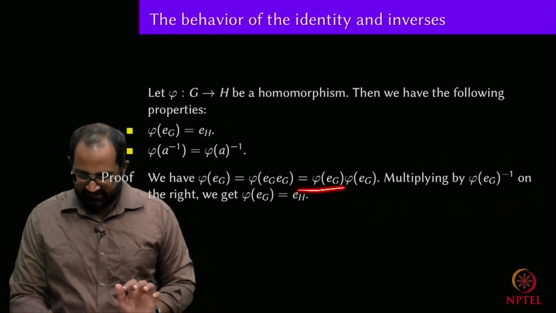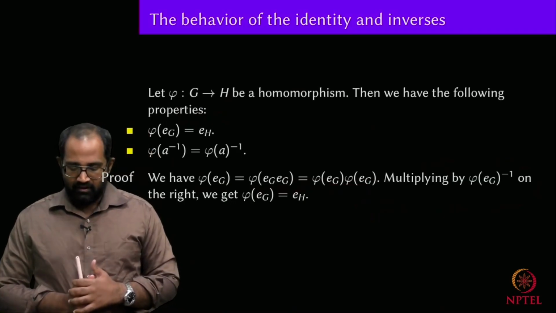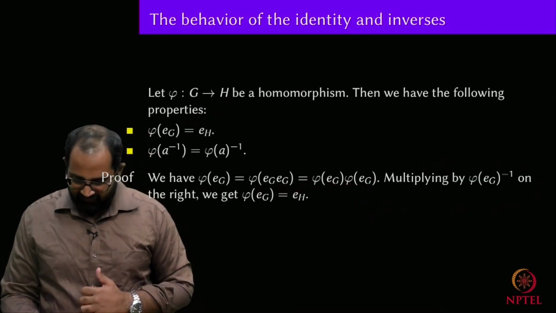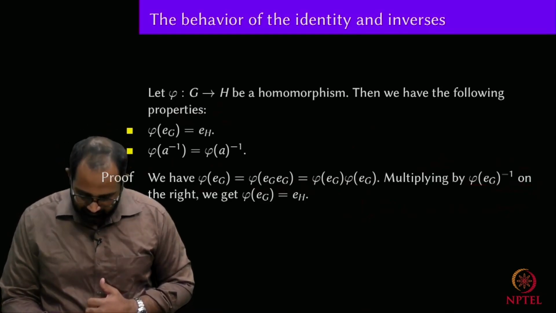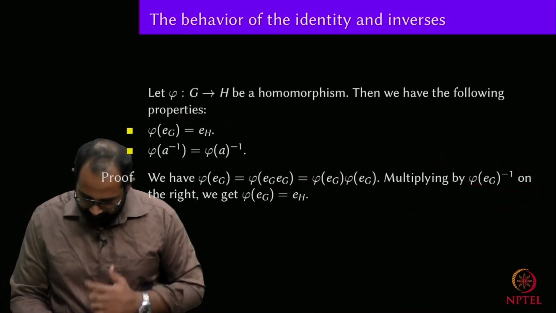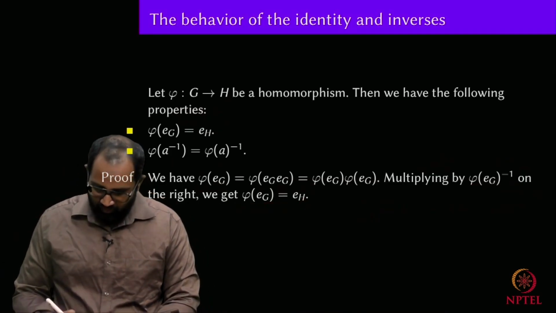Because phi respects the algebraic operation, this is just phi of EG times phi of EG. Now, multiplying by phi of EG inverse on the right, we get phi of EG equal to EH.